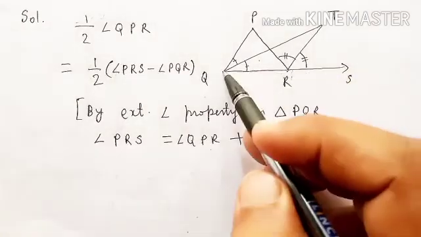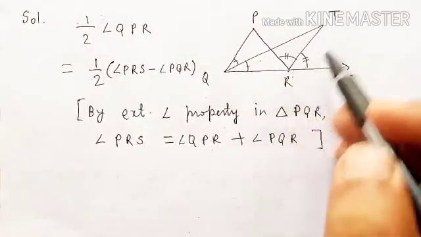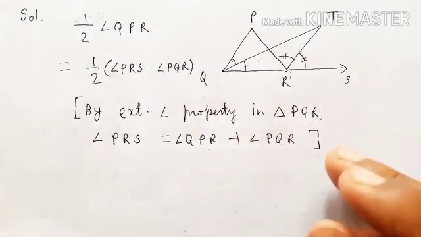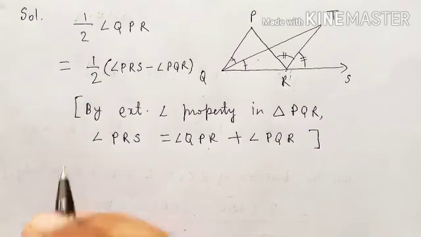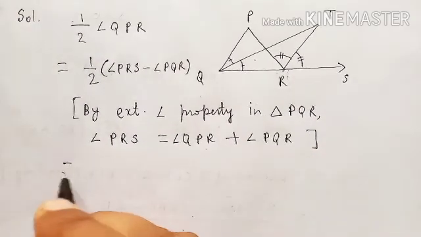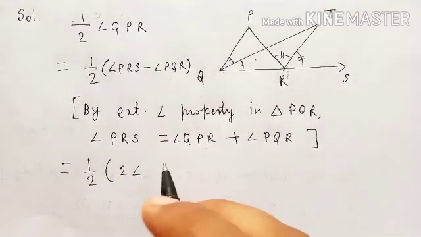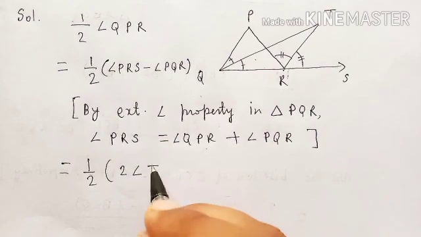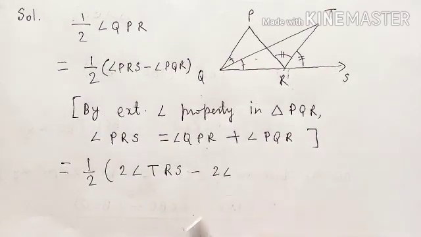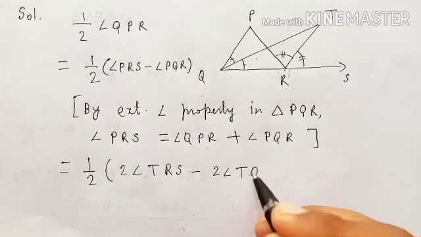Because we have to find angle QTR, and QTR is related with angle TRS and angle TQR. So let me write: angle PRS is 2 angle TRS minus 2 angle PQR, which is written as 2 angle TQR.